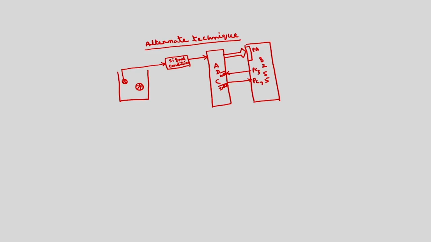Now what I will do is connect another port, say port B, to the D to A converter.